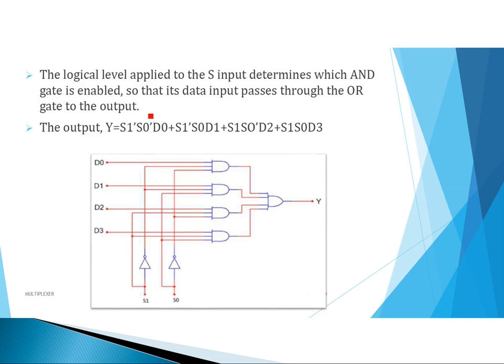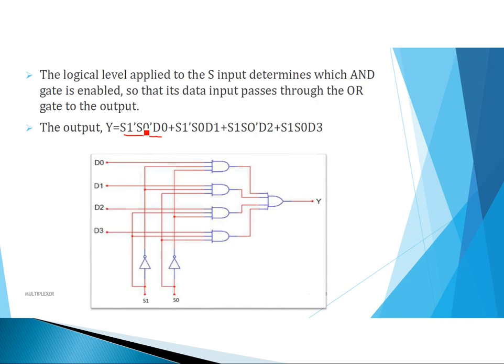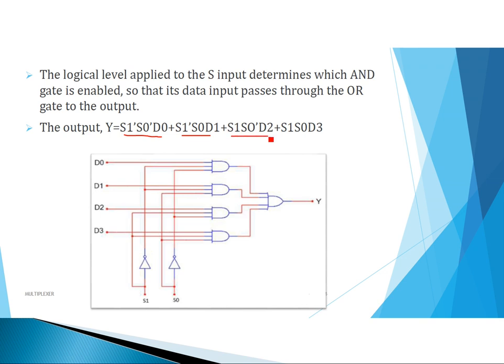That is the first term. And for S1 0, S0 1, D1 will be selected, hence S1 bar S0 D1, that is the second term, plus next S1 S0 bar D2, and the last term S1 S0 D3. So this is the output expression of the 4:1 multiplexer.